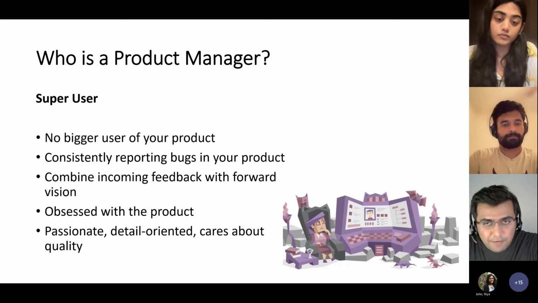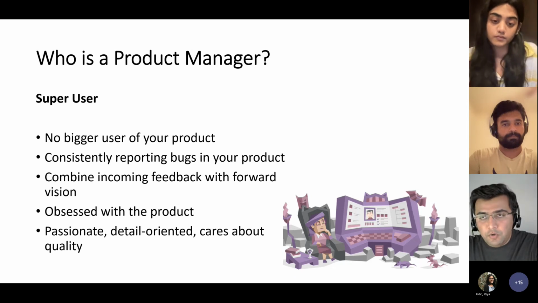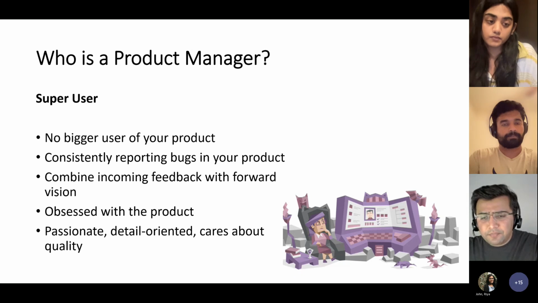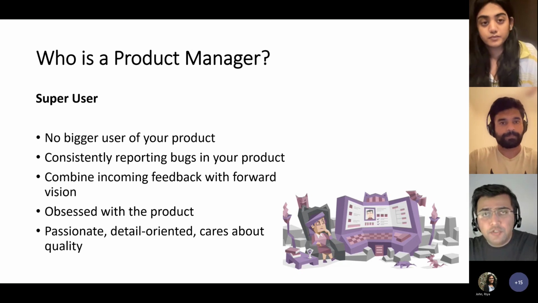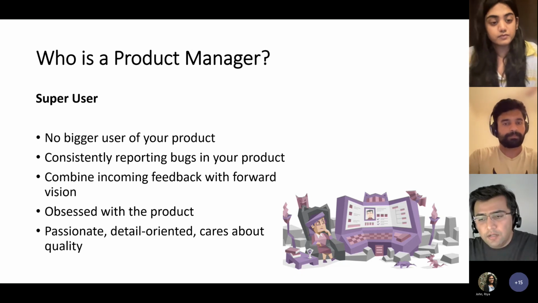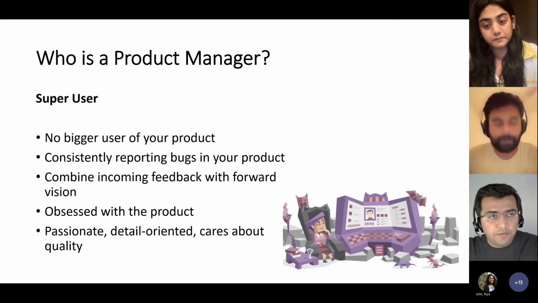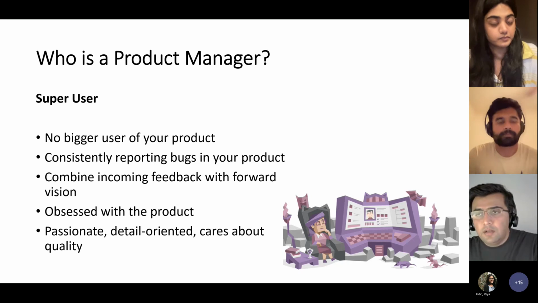When you receive feedback from your customers, you are not only able to look at what has occurred in the past, but also correlate that with your future and vision in general. You want to be super detail oriented and care about quality in general, and that will come when you really start seeing yourself as a super user, right?